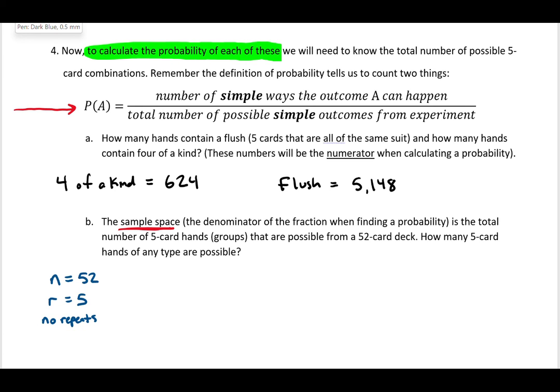And order doesn't matter. If you choose 5 cards out of the deck, hold them in your hand, rearrange the order, it's still the same group of 5 cards. The keyword here is group. So that tells us we're dealing with a combination.